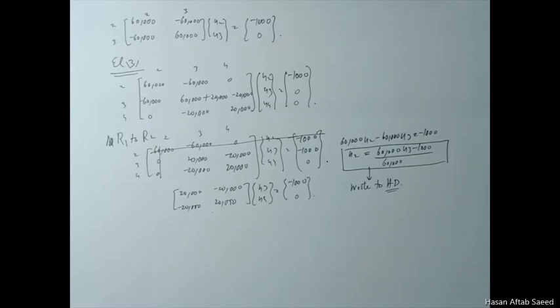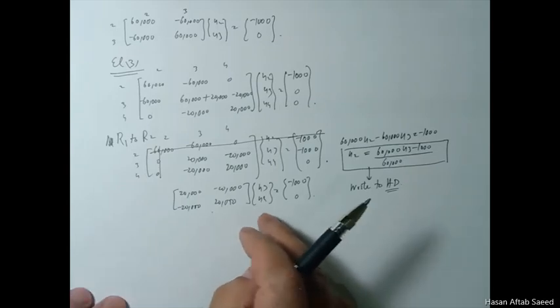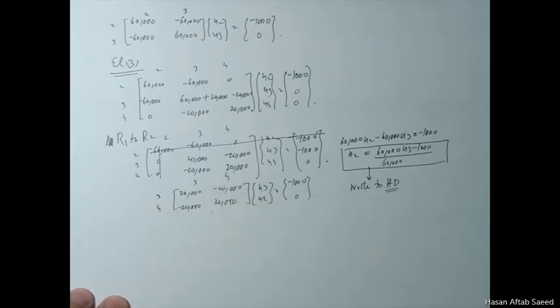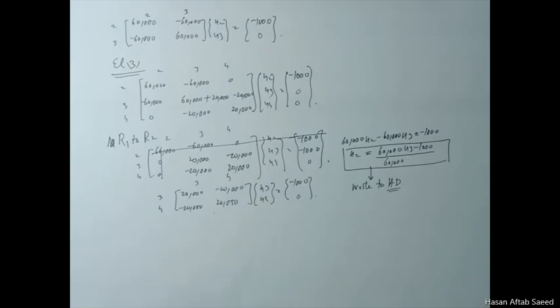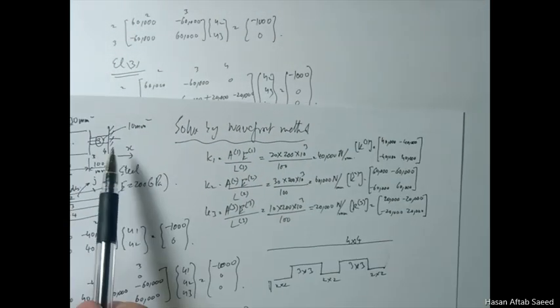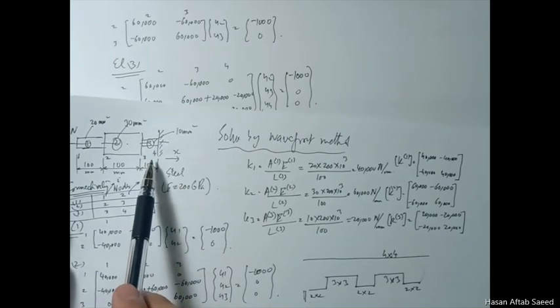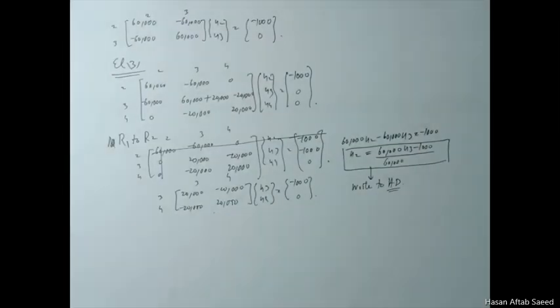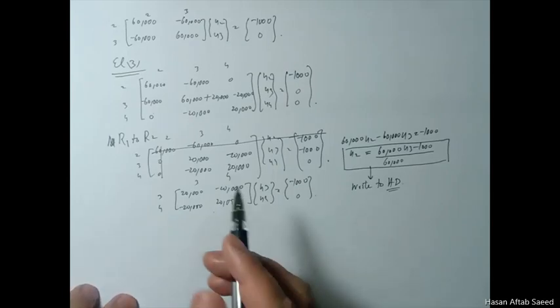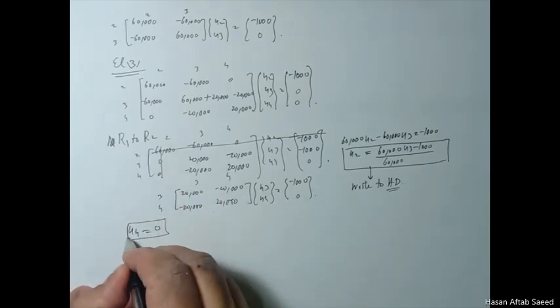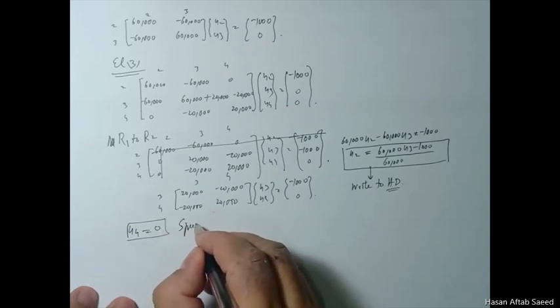Now this is the situation where you have a 2 by 2 matrix and you have reached the point where the boundary condition is reached. Now u4 is equal to 0. Now u4 is equal to 0 means this is a specified boundary condition.